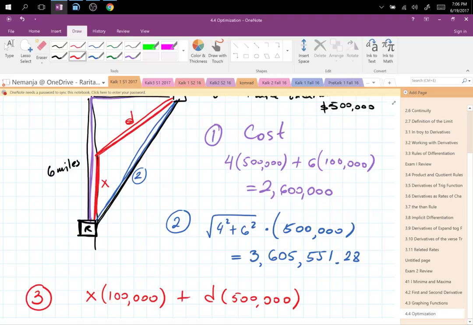All right, so let's see. First of all, I have to figure out what I need to minimize. I want to minimize this equation. I want this cost to be minimum. And as you can see, I have two variables there.